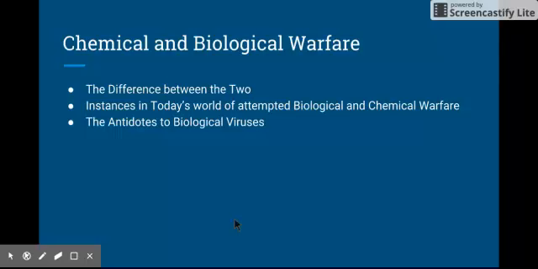So all these strains like smallpox, there are antidotes to them, but with today's advances, it would be very easy for terrorists or other countries to get their hands on a genetically modified version of the strain that could only be controlled by them through their own antidotes and not through, let's say, America's antidotes for the original smallpox virus.